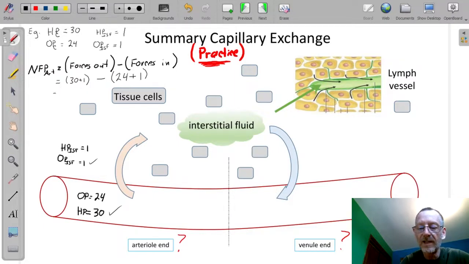So our net filtration pressure is 31 minus 25. And 31 minus 25 would be 6, right? So 6 millimeters of mercury. That is our NFP at the arterial end.